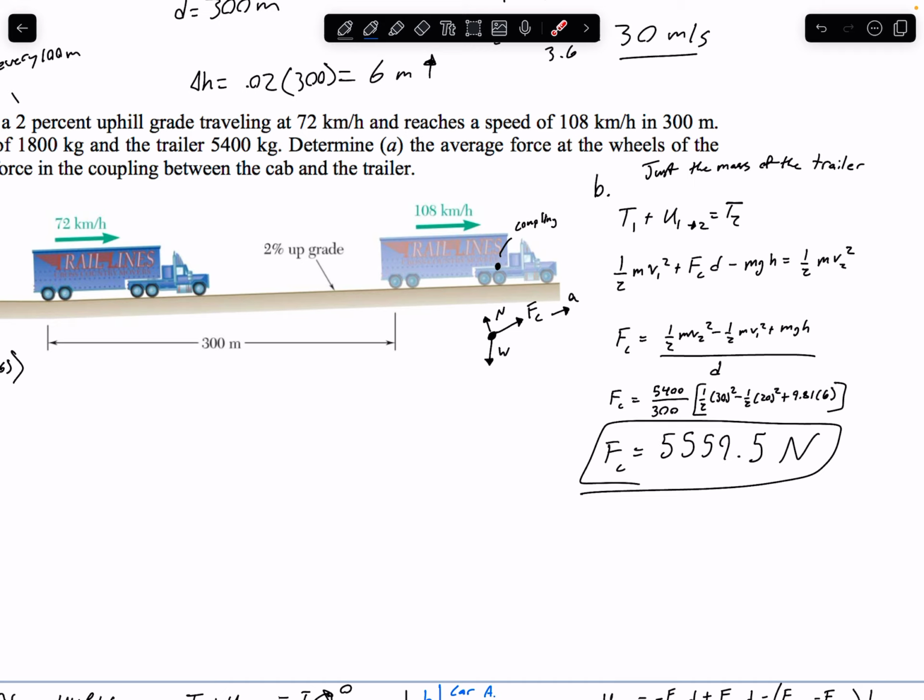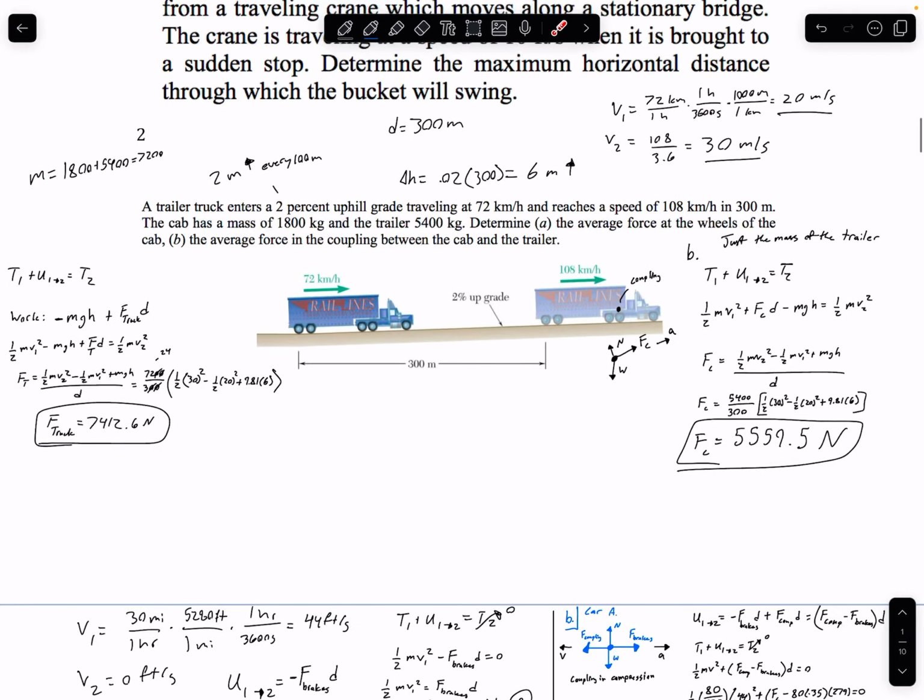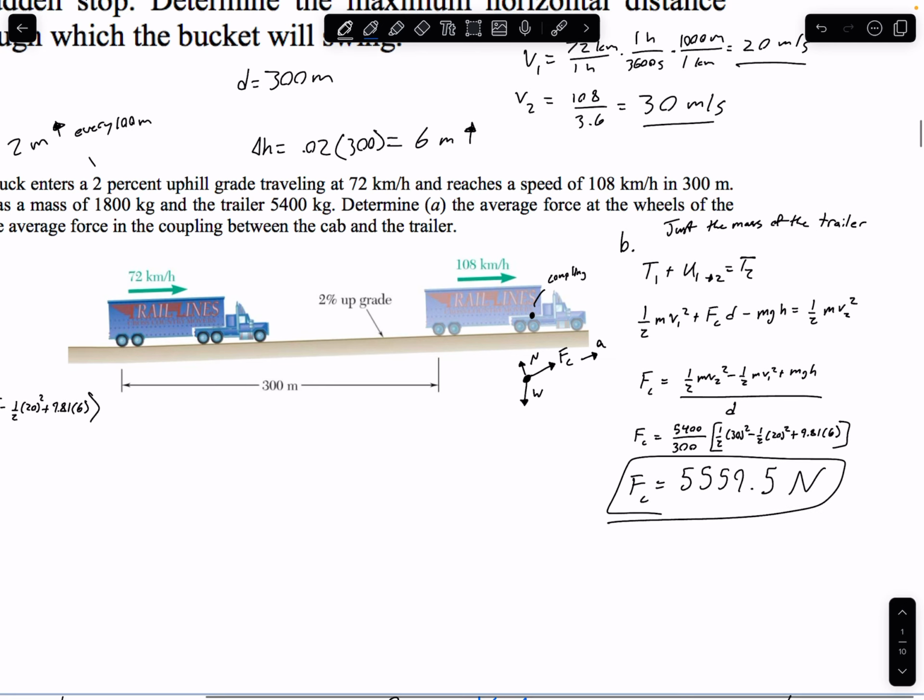And then for part B, what the trailer feels is, if we get to do a free body diagram, actually, it's got its weight down, then its normal force slightly off center, and then it's got the coupling.